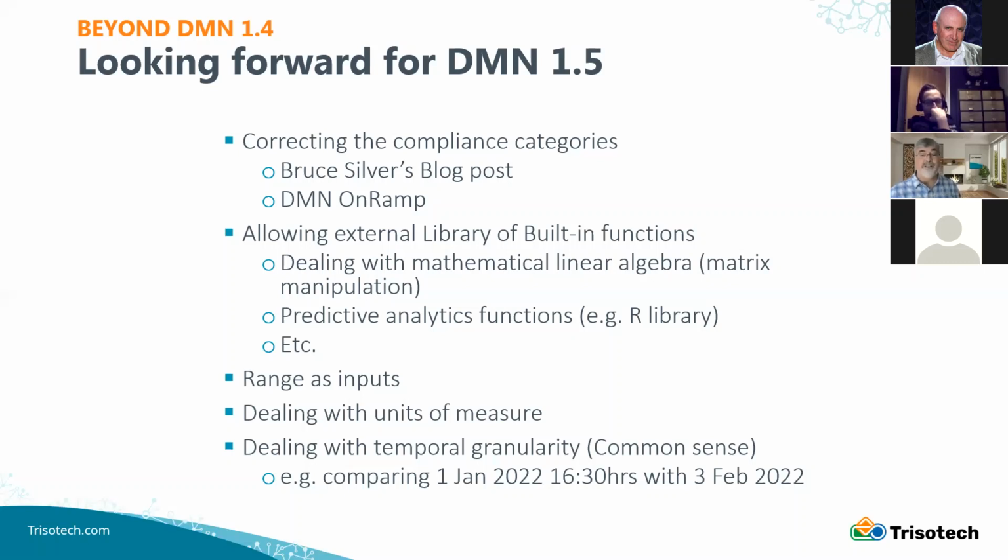We certainly can tell that the 3rd of February is later than the 1st of January 2022 at 16:30. Now, there are possibilities of logic that we can do based on that. It requires some more work. That's certainly something that I would be interested in seeing, so we can go a little bit further in the temporal reasoning that we've done in 1.3.